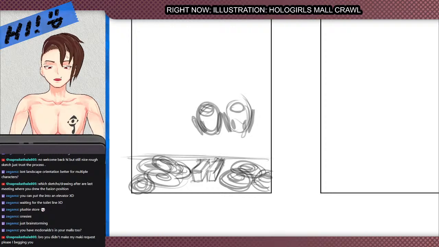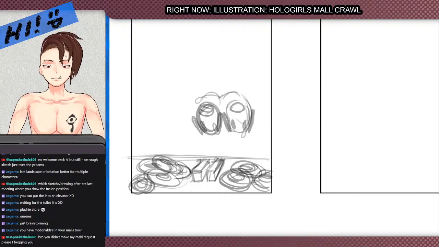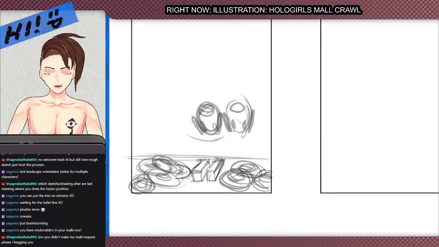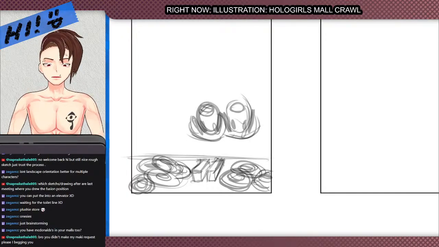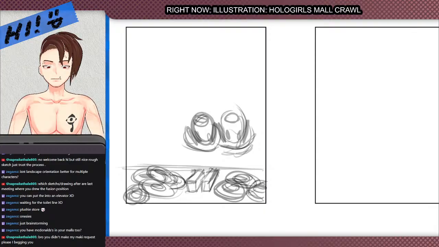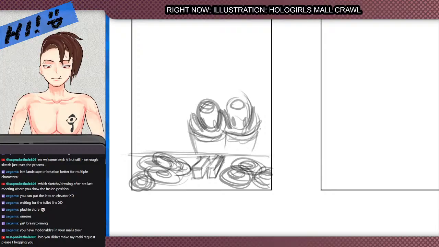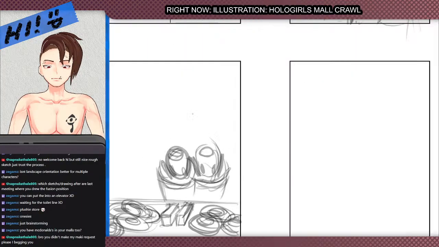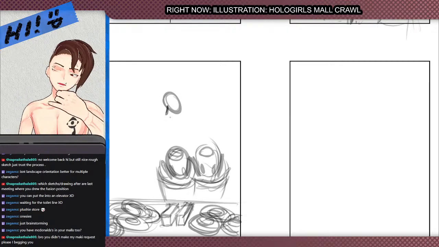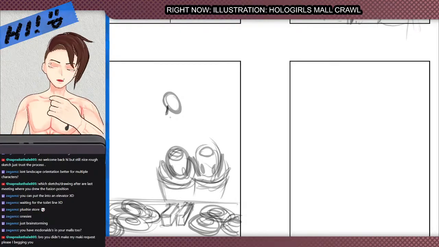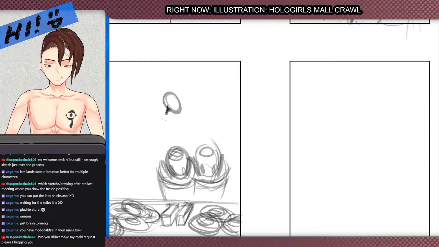I guess just making them kind of look the same. Okay, that's a weird positioning. I guess this is going to work better. It's not like that would be really that low. And maybe another character just having had enough, holding the bridge of the nose, clearly about to lose it.